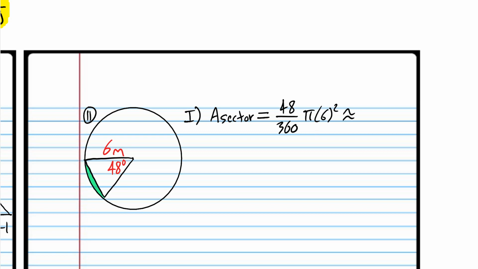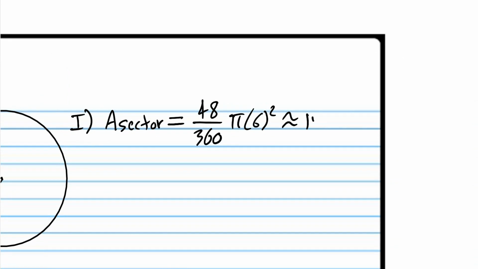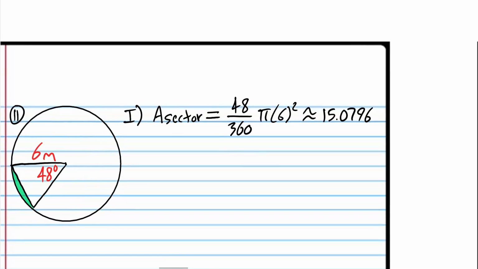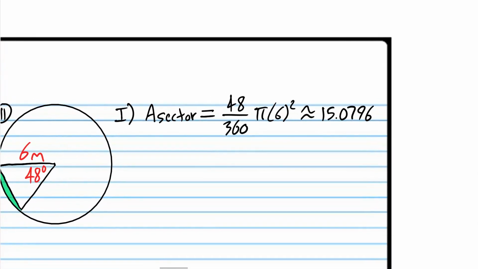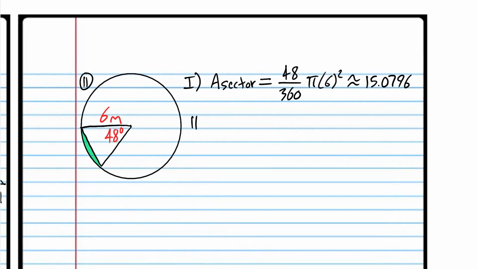Enter that into your calculator. 48 divided by 360 equals times pi equals times 36 equals, because 36 is 6 squared. And remember to carry out 2 decimal places. I forgot to remind you to do that, but you should have done that, or else you're going to have round off error. So that was step 1. That was the easy step.